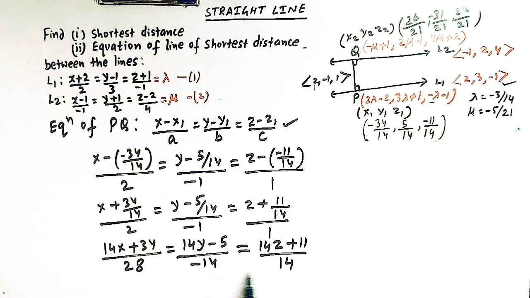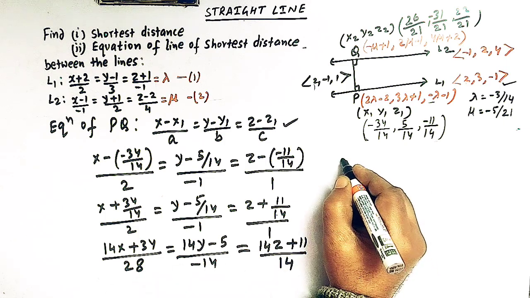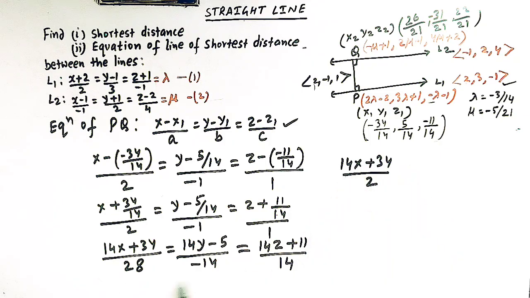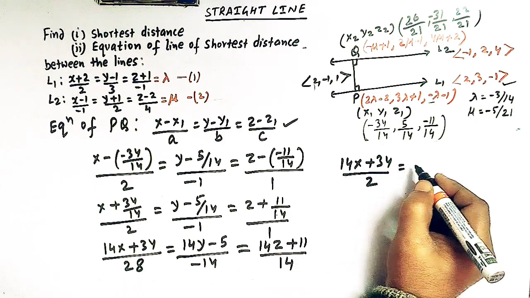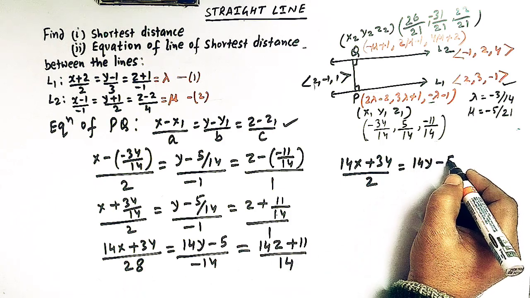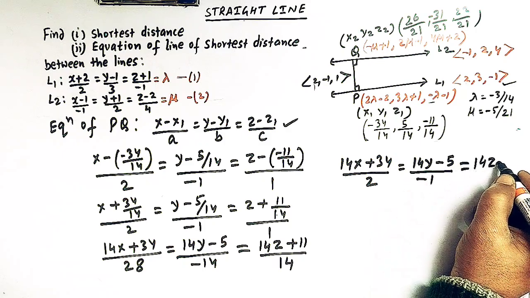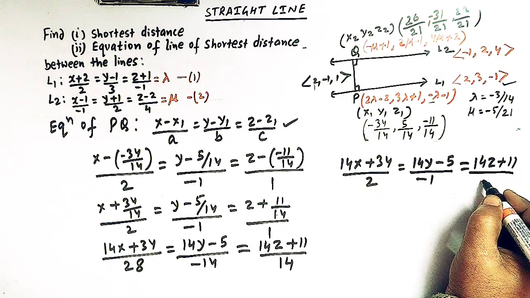Now see, in the denominator we have 28, minus 14 and 14. So again here dividing these three numbers by the common factor, that is 14, we can now write (14x plus 34)/2, 14 times 2 is 28, and then we have (14y minus 5)/(minus 1), and then we have (14z plus 11)/1.